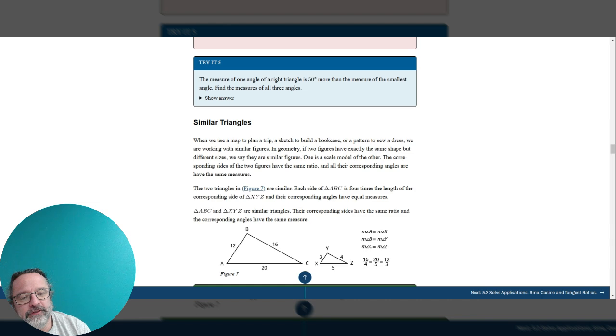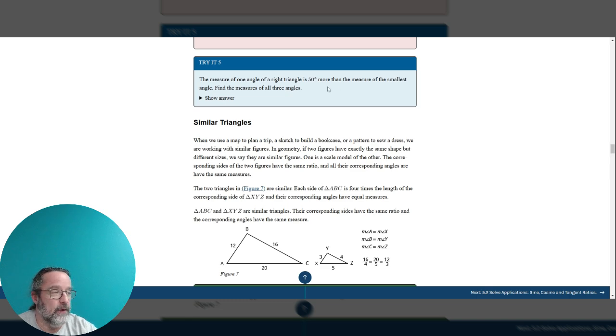All right, so one is 50 more, so let's call the smallest angle A. Then the next one is 50 more than that, so we have another angle called 50 plus A. And our last angle is 90. The three of them added up should add up to 180. So A plus 50 plus 90 equals 180.